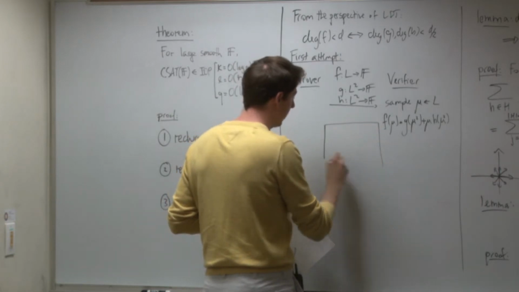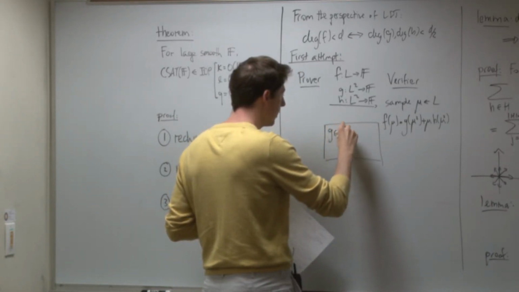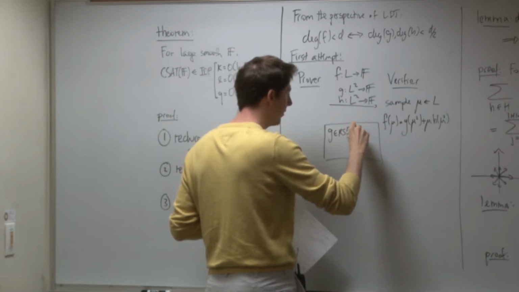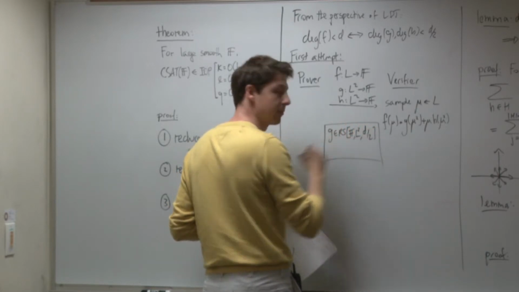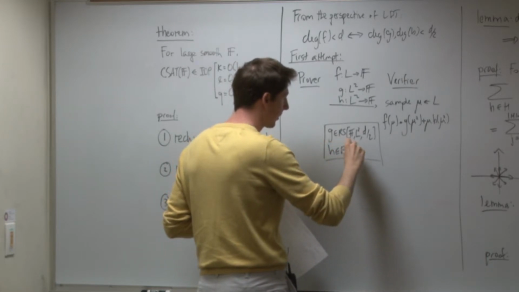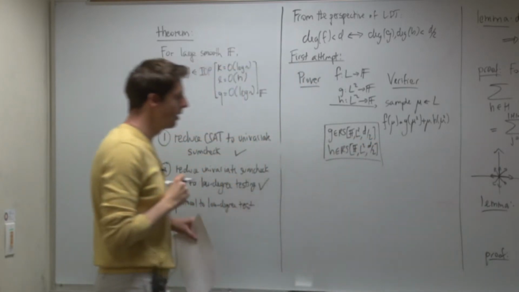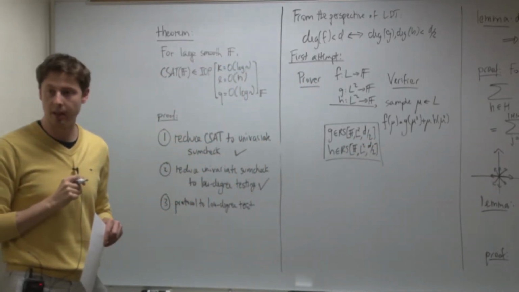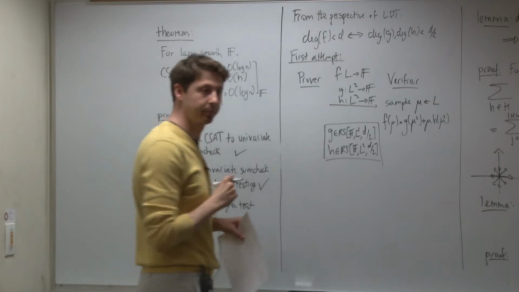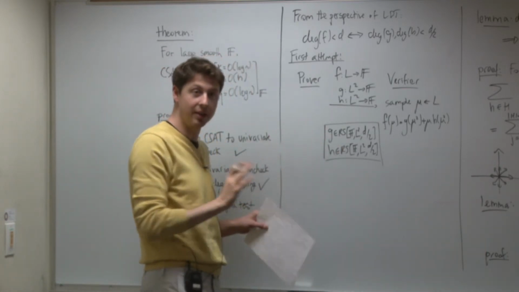We're going to invoke ourselves to check that G is in the Reed-Solomon code with L squared and d over 2, and H is also of degree d over 2 over L squared. I've specified a test.